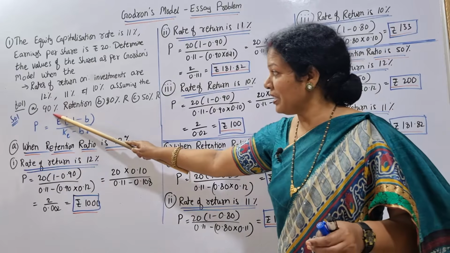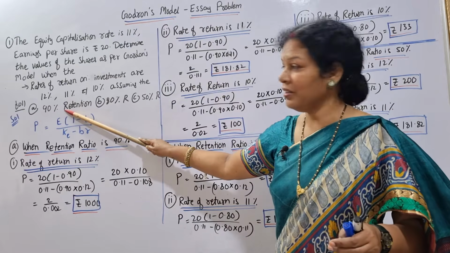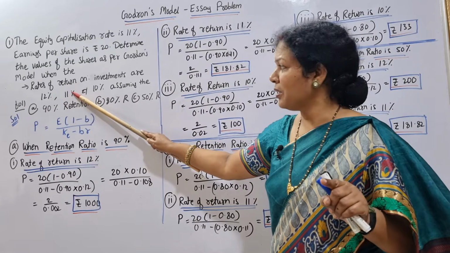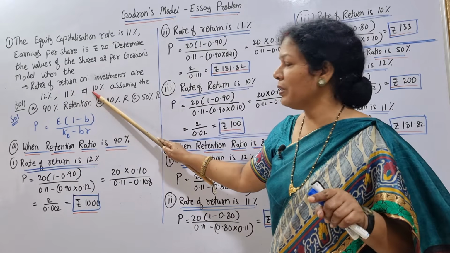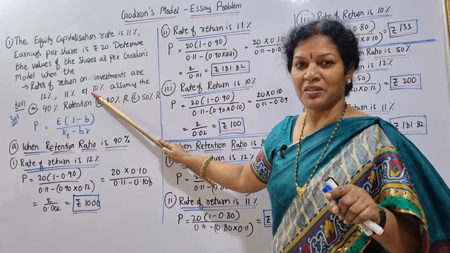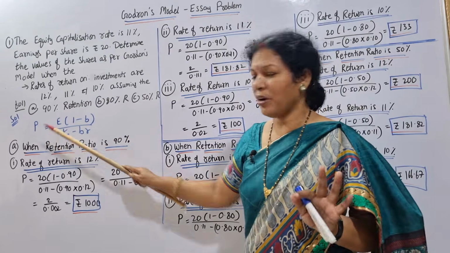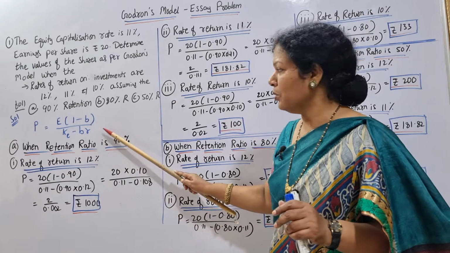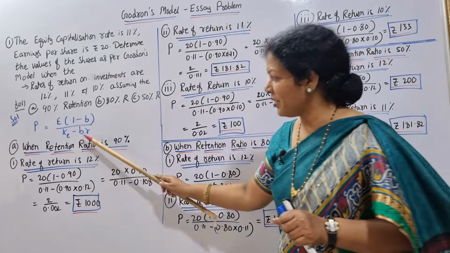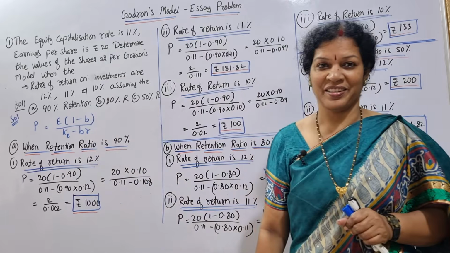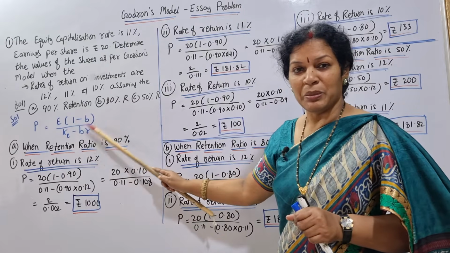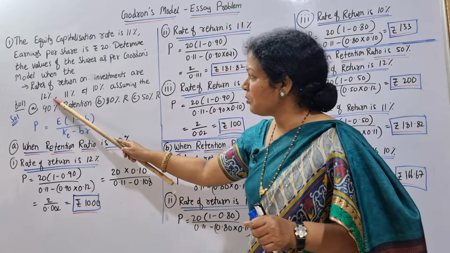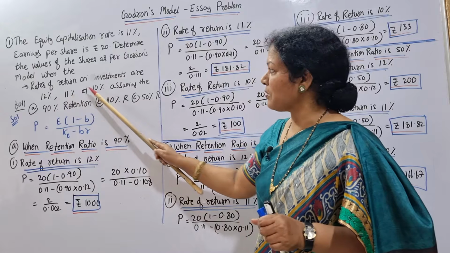If we take the first way, 90% retention, we have to follow 12%, 11% and 10%. Now remember, the formula is P is equal to E into 1 minus B by KE minus BR. Always remember here, minus BR.